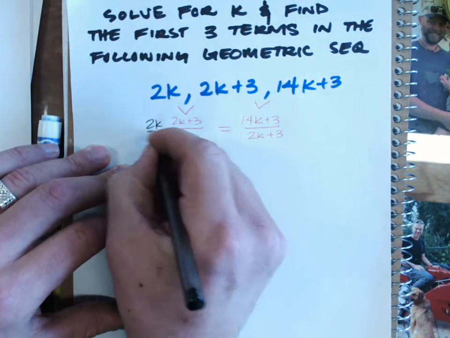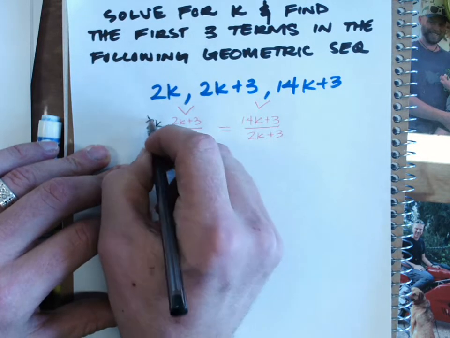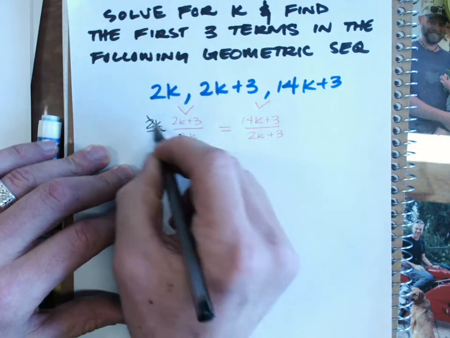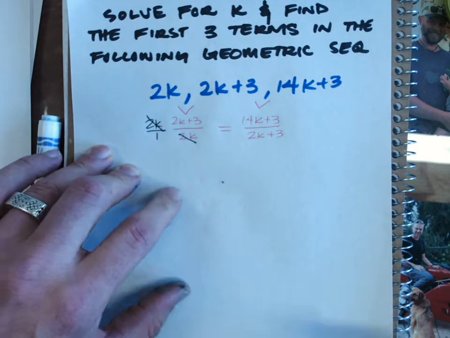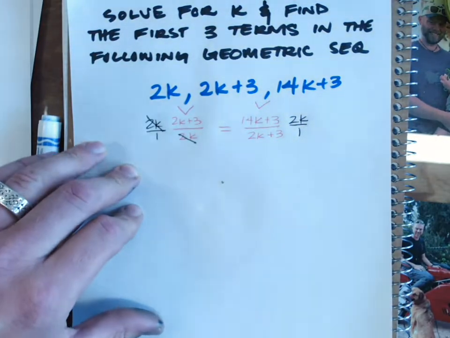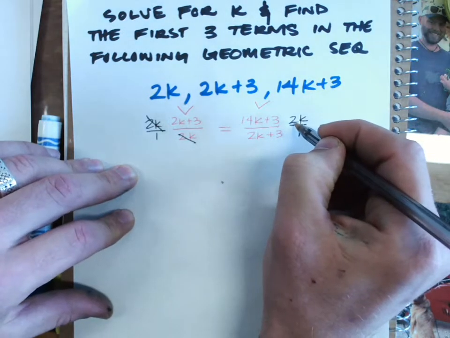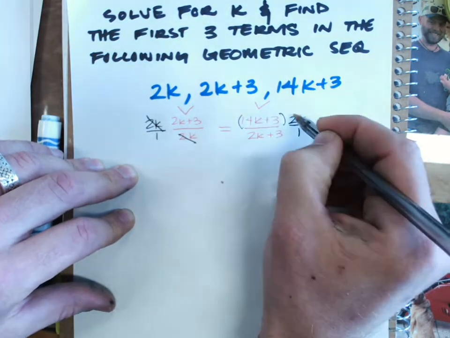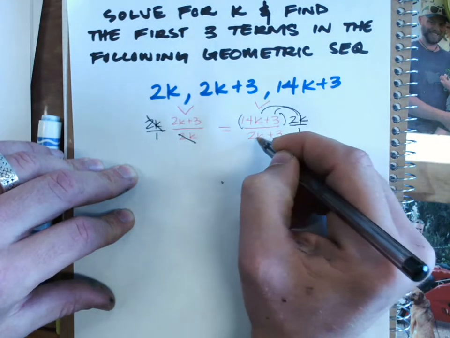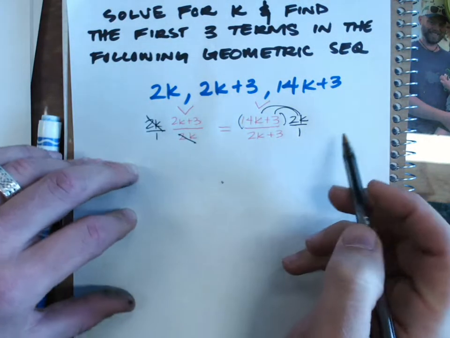So if we multiply 2k over 1, the 2k on the top are multiplying, but then later we're going to divide, and so those factors cancel each other out. To keep it balanced as algebra, we have to do it to the other side, and that's a little messier. In this case, the 2k is multiplying the 3 and the 14k, and the 1 is multiplying the denominator, so it will not change the denominator.